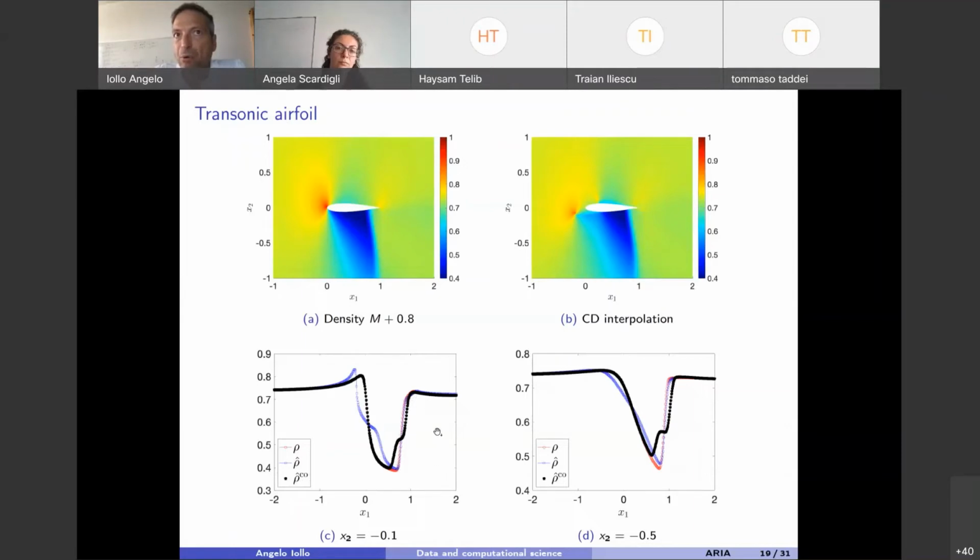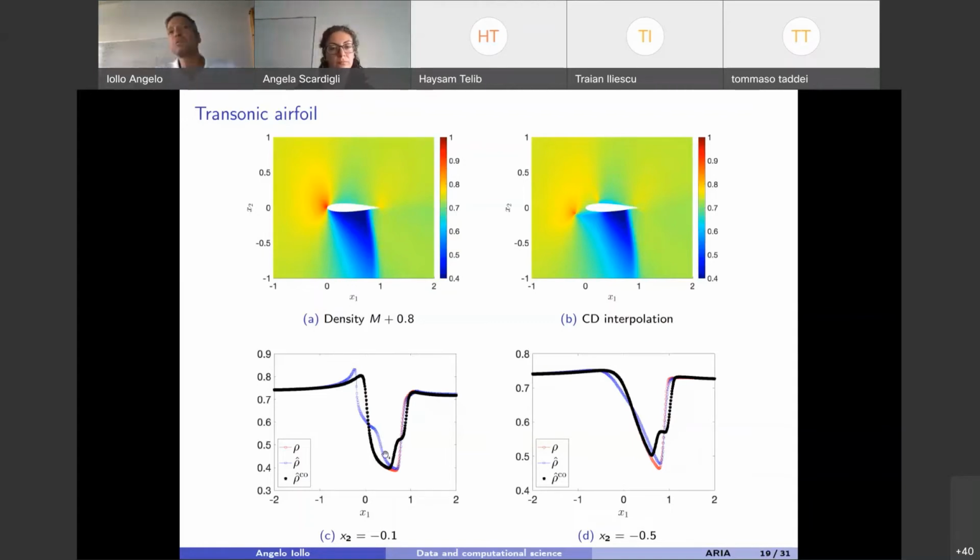Whereas far from the shock, in the, say, linear region here, the convex interpolation, meaning the interpolation along the characteristics, is completely missing the point.